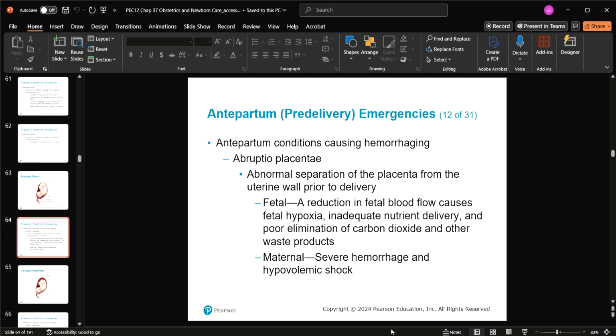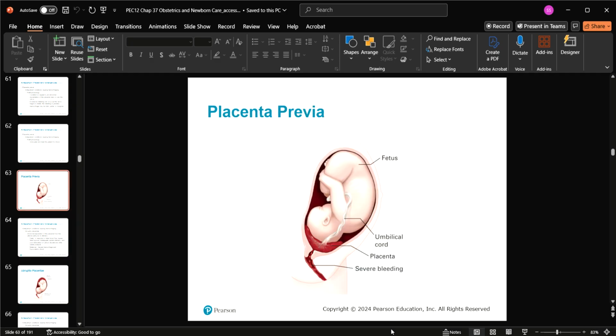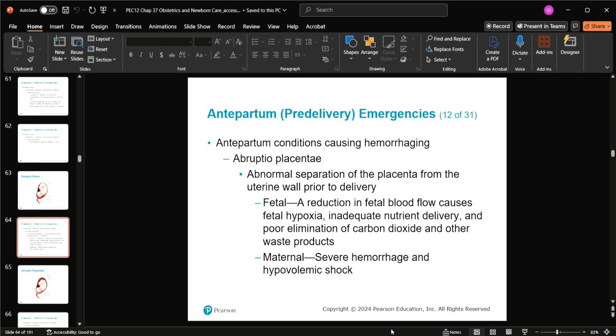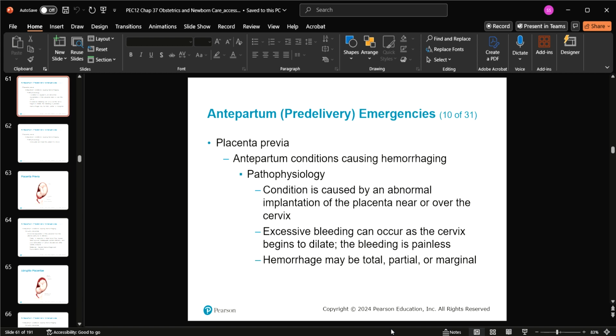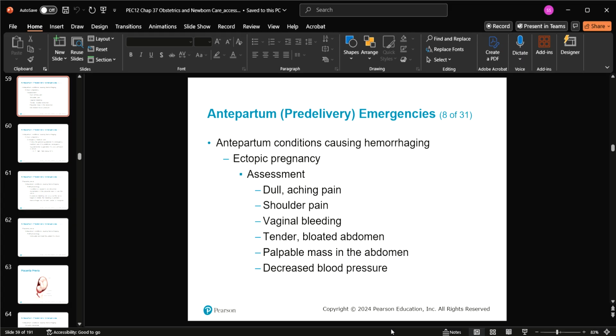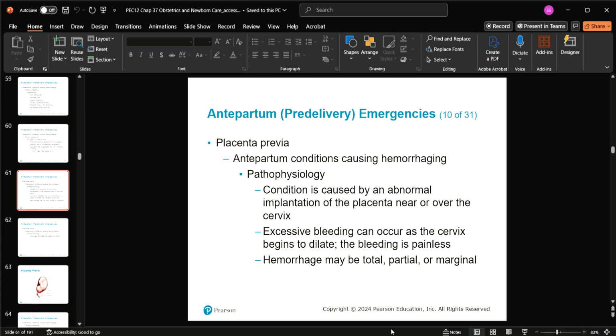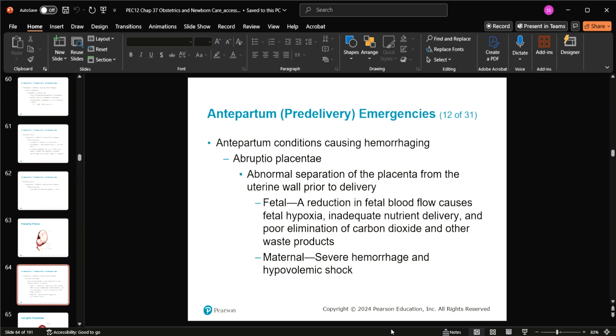The pain here, so they're going to have bleeding, but non-painful bleeding. Non-painful bleeding for placenta previa. But for abruptio placenta, this is where the placenta has torn away from the wall.